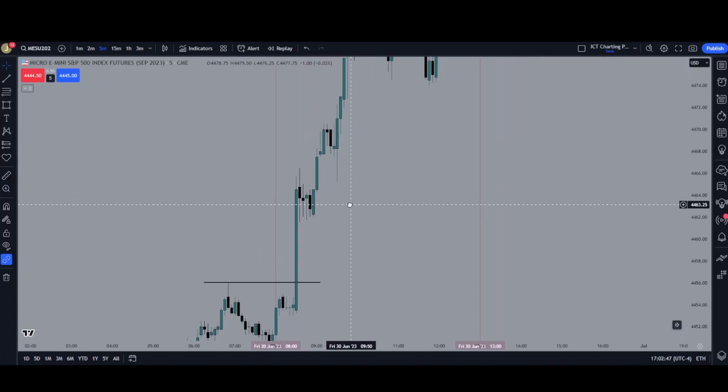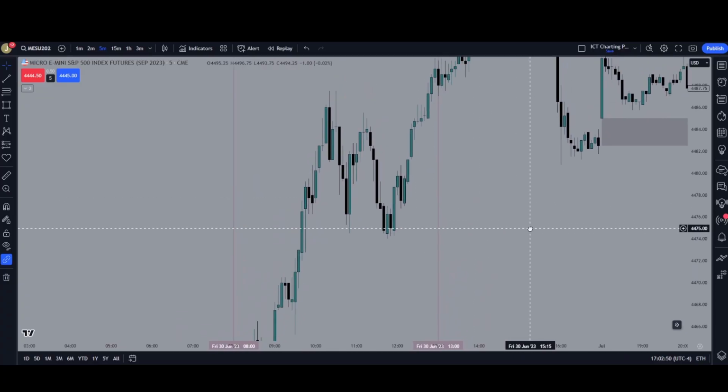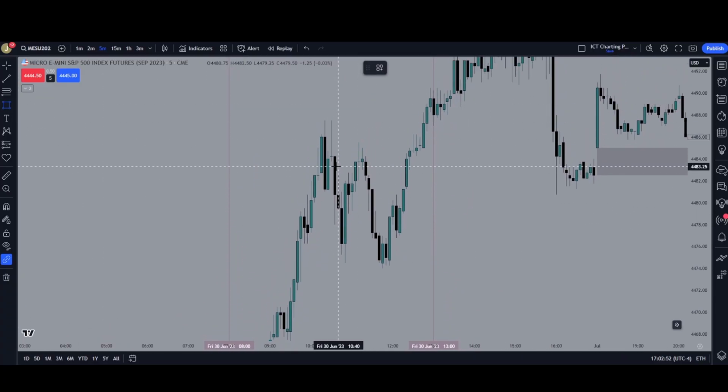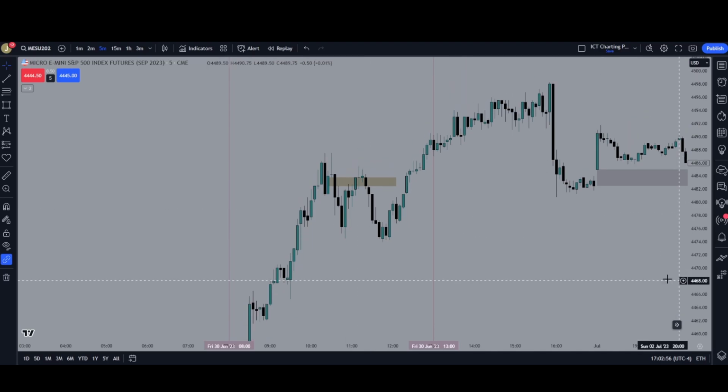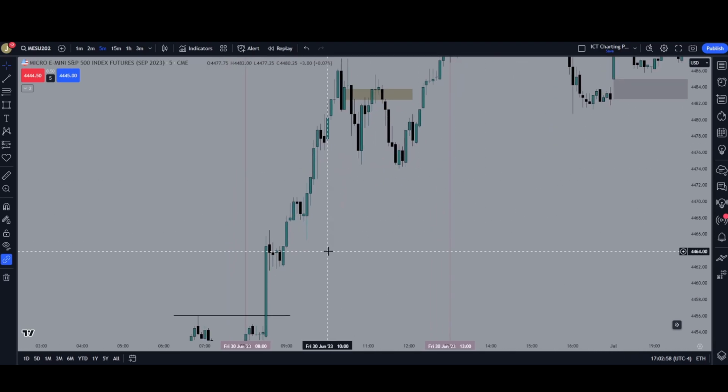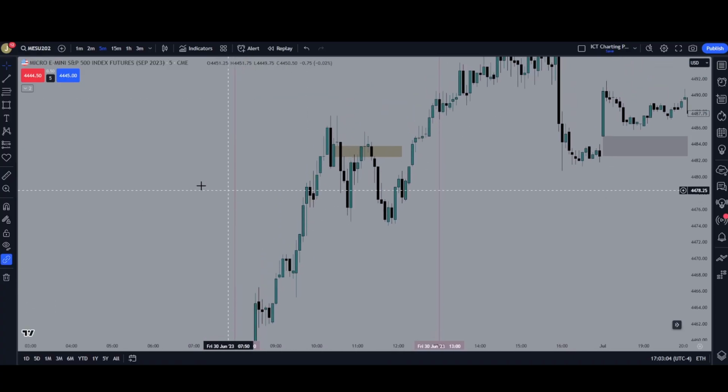So we're driving up here, and what do you know? We get this entry right here, and the model presents itself. That short does come way higher than the previous session high, but let's see what we deliver.